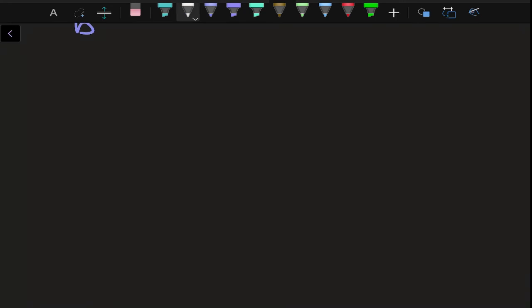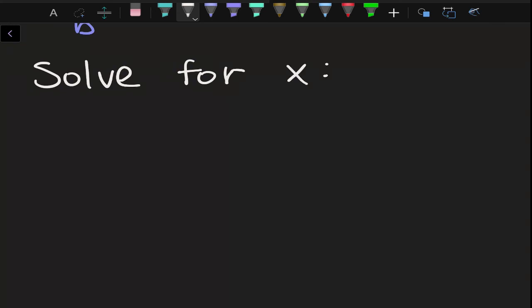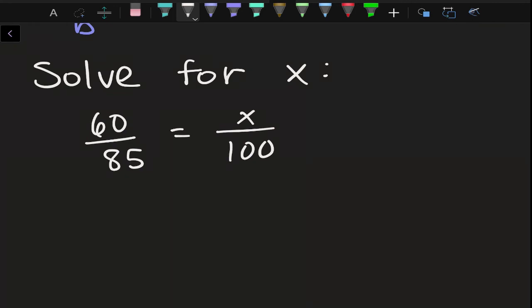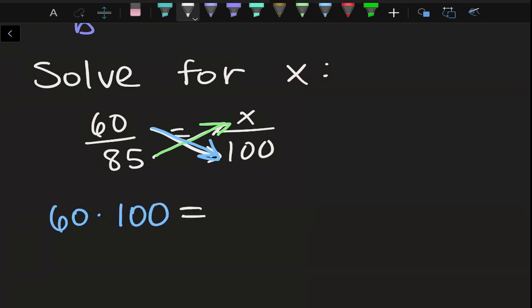So we're going to go through a couple of examples. First we're going to solve for x. So we have 60 over 85 is equal to x over 100. Okay, so then again cross multiply. Maybe we'll use colors to see, green and blue. So I have 60 times 100 is equal to 85 times x.